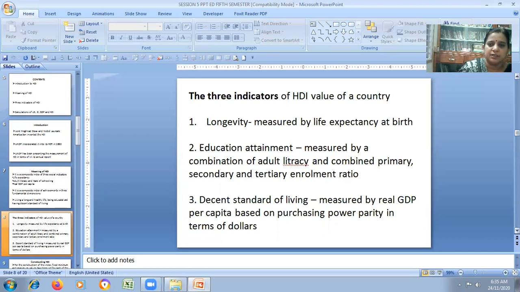It is measured by a combination of adult literacy and combined primary, secondary, and tertiary enrollment ratio. Third one, decent standard of living. It is measured by real gross domestic product per capita based on purchasing power parity in terms of dollars.